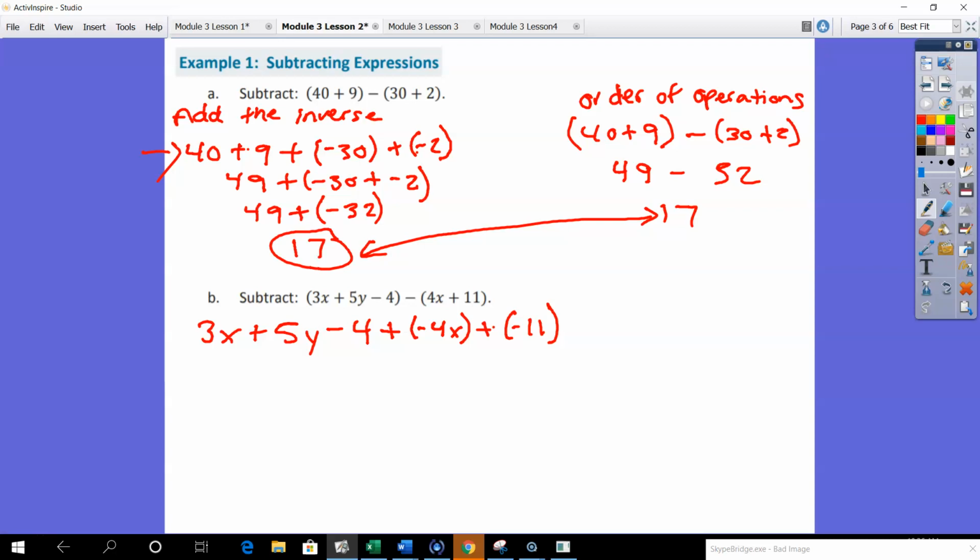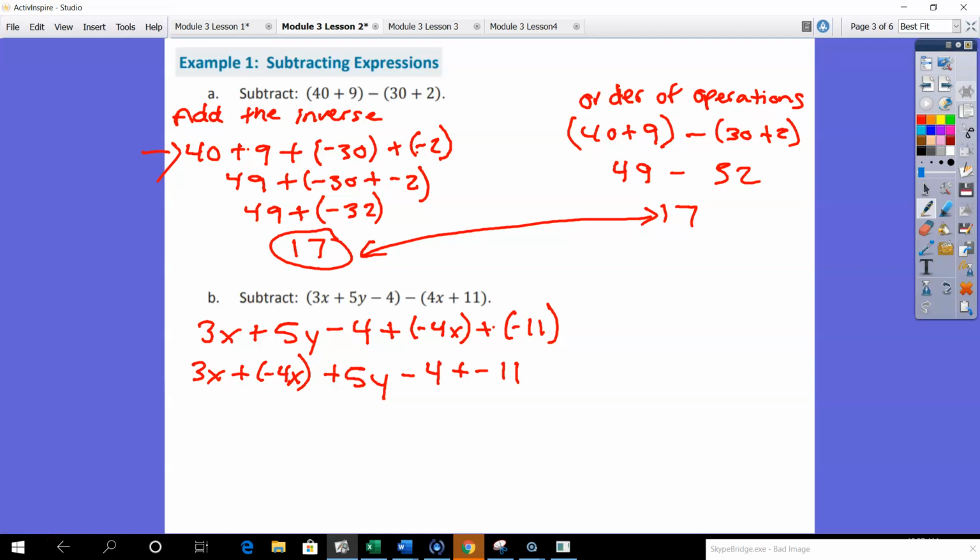Now we can put together the things that are alike. So we have 3x plus a negative 4x plus 5y. And then we have these constants, 4 plus a negative 11.